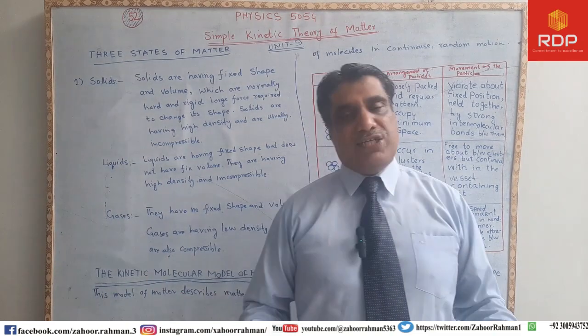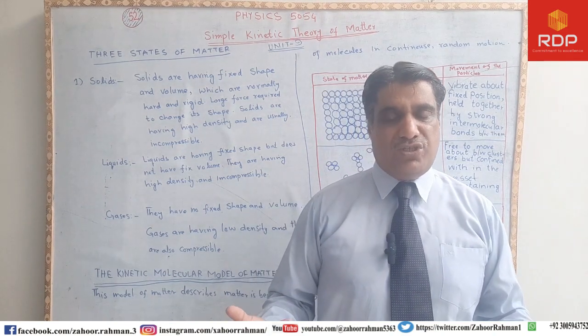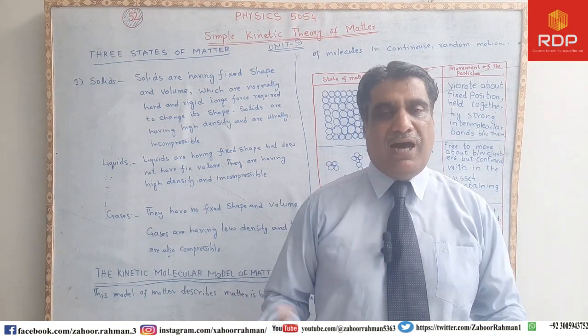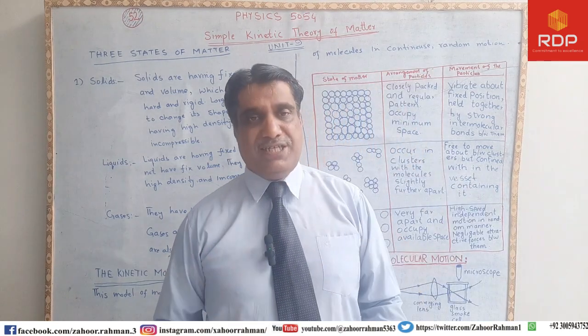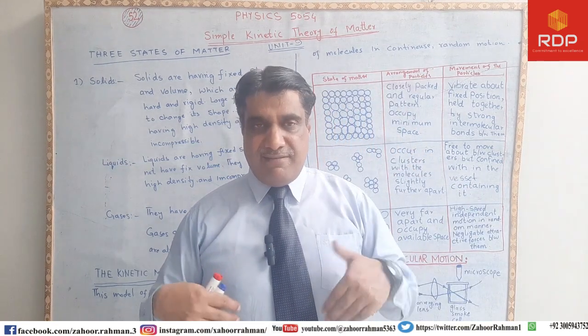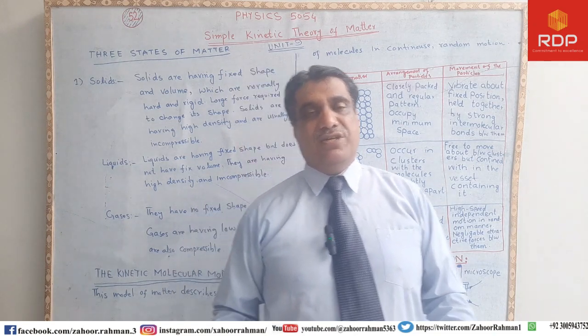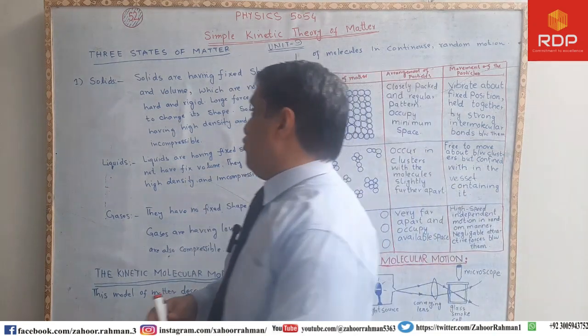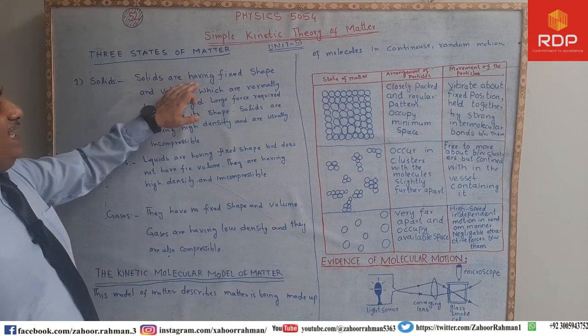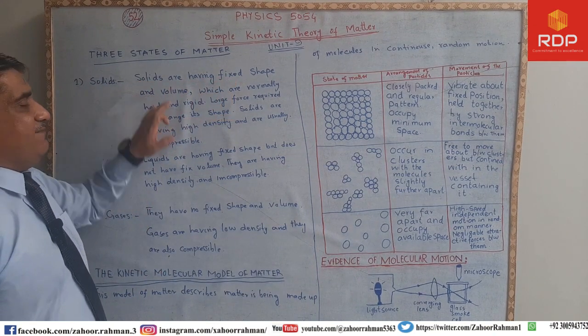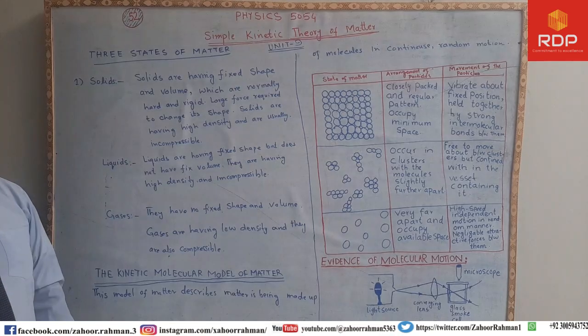A very large force is required to change the shape of a solid. Easily or automatically, it cannot be changed from one shape to another shape. So solids have a fixed shape and fixed volume.